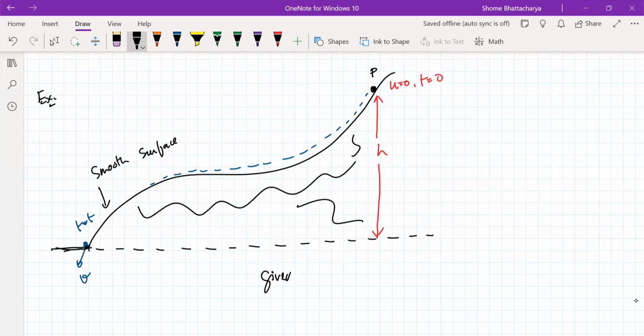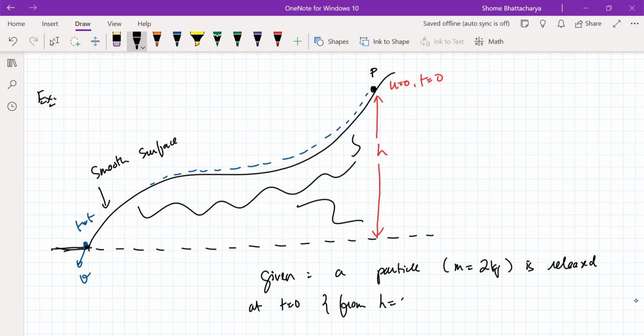So given that a particle of mass 2 kg is released at t equal to 0, from a height of, let's say, 20 meters as shown.